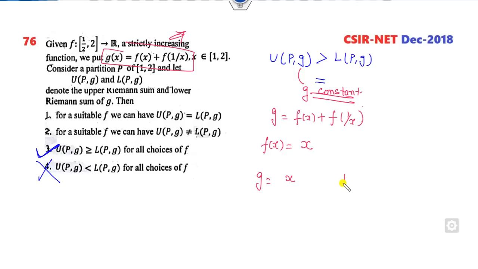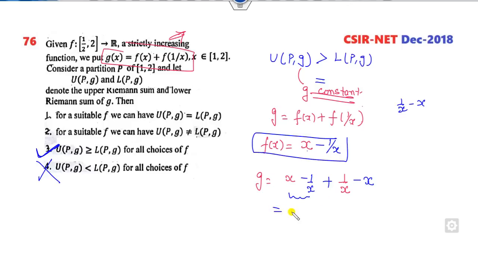It is x plus 1/x. When will it be constant? If I subtract 1/x, what is the opposite of this? If I subtract x from here, then it will be 0. So if I consider this as my f(x), what will be f(1/x)? If I consider this f, then g will be 0, which is constant.